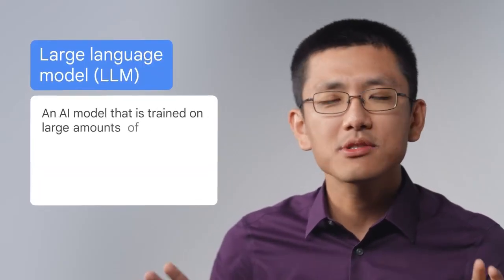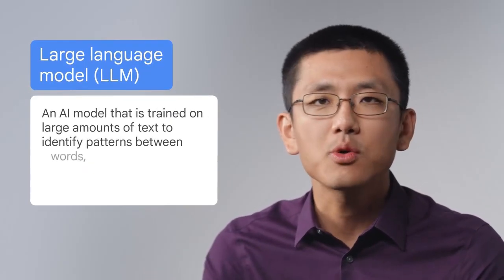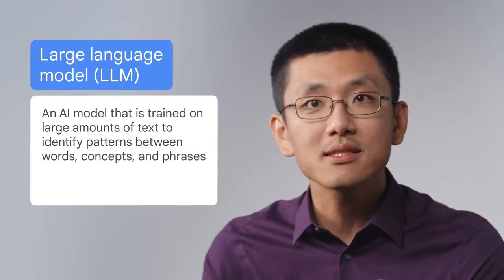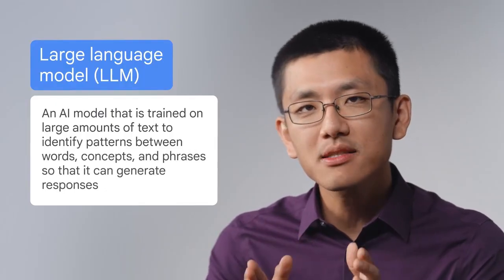It's helpful to understand how LLMs work and to be aware of their limitations. A large language model, or LLM, is an AI model that is trained on large amounts of text to identify patterns between words, concepts, and phrases so that it can generate responses to prompts. So, how do LLMs learn to generate useful responses to prompts?